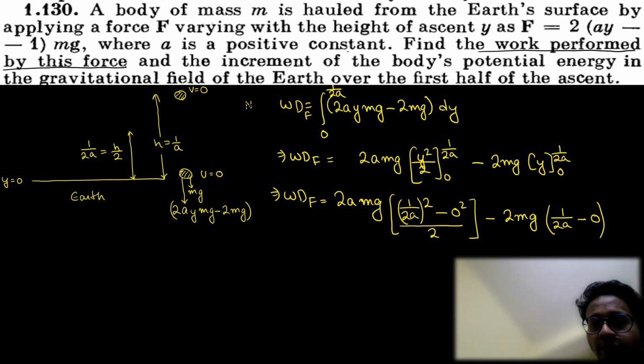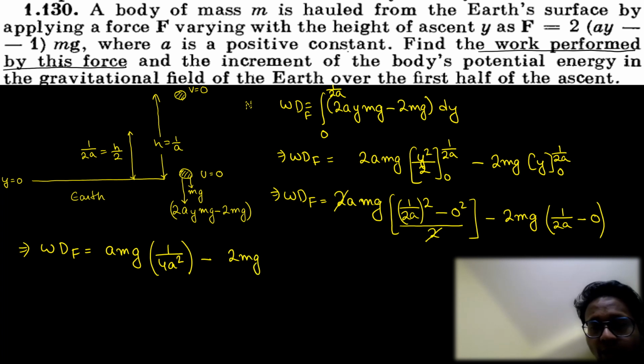Out here this 2 and this 2 get cancelled. So work done by force is a mg into 1 by 2a whole square, which is 1 by 4a square, minus 2 mg into 1 by 2a. Here 2 and 2 get cancelled, and a and a square get cancelled.